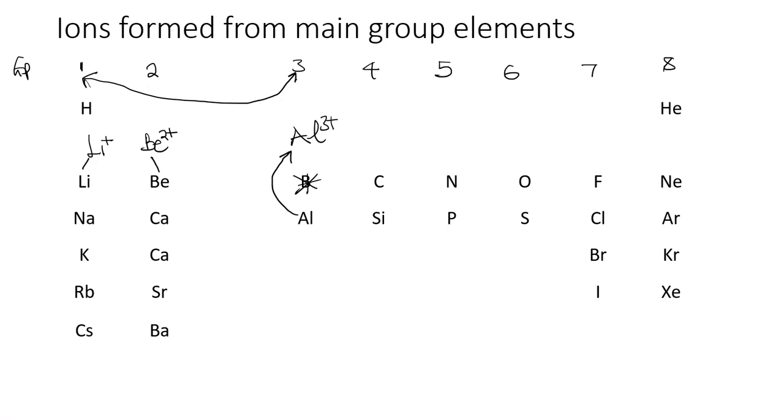Now, if we go to carbon, carbon is a hard one. It can form an ion that is 4 minus. It can also form an ion that is 4 plus. So for now, I will leave carbon out. Now, these 3 groups are metals.